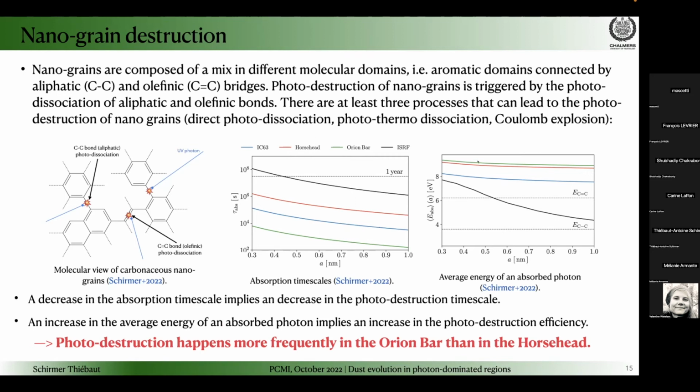Here you can see, for instance, that if you compare the Orion bar to the Ørsted, the energy of an absorbed photon is roughly the same. So if there are differences in the nanograin destruction efficiency, it's most likely because of the absorption timescale. And you see here that in the Orion bar, you absorb at least 100 times more photons than in the Ørsted. So most likely, the photodestruction is more efficient in the Orion bar than in the Ørsted.